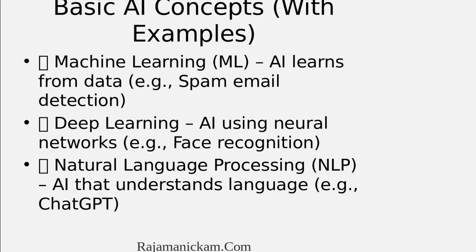Okay, natural language processing, NLP. It is the most used thing as of now. The ChatGPT. If you want to ask what is the capital of Tamil Nadu, you can ask: what is the capital of Tamil Nadu, Tamil Nadu's capital, which is Tamil Nadu's capital, tell me the name of the Tamil Nadu capital.